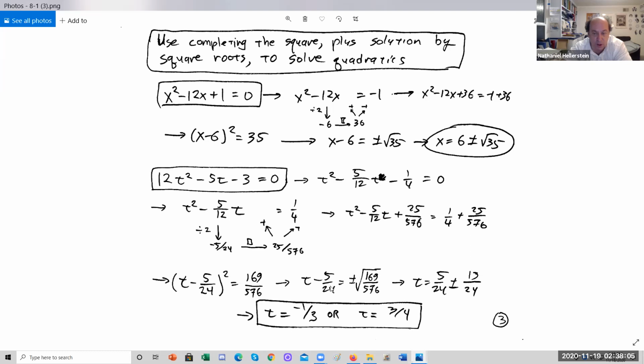So t minus 5 24ths equals plus or minus the square root of 169 over 576. Now this square root is just 13 24ths. Add 5 24ths to both sides, you get t equals 5 24ths plus or minus 13 24ths. And if you run to a calculator, with a minus, you get t equals negative 1/3. With a plus, you get t equals 3/4.